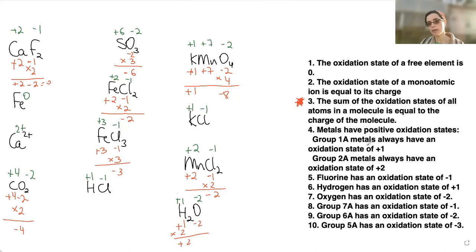You have to memorize it in this particular order. Otherwise, you will do everything wrong. Rule number 5, that fluorine has an oxidation state of -1, cannot be switched with number 4, right? It's very important that this order is very strictly followed.